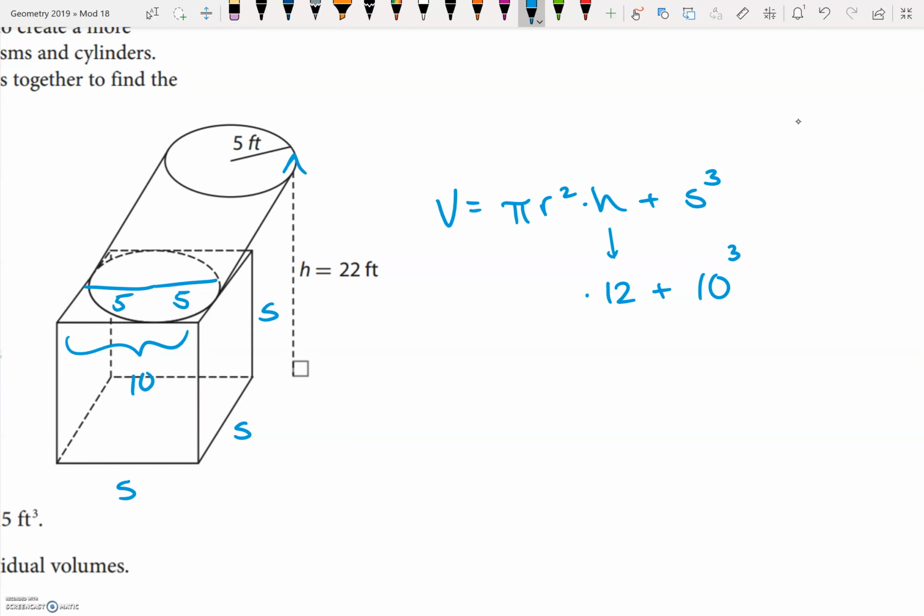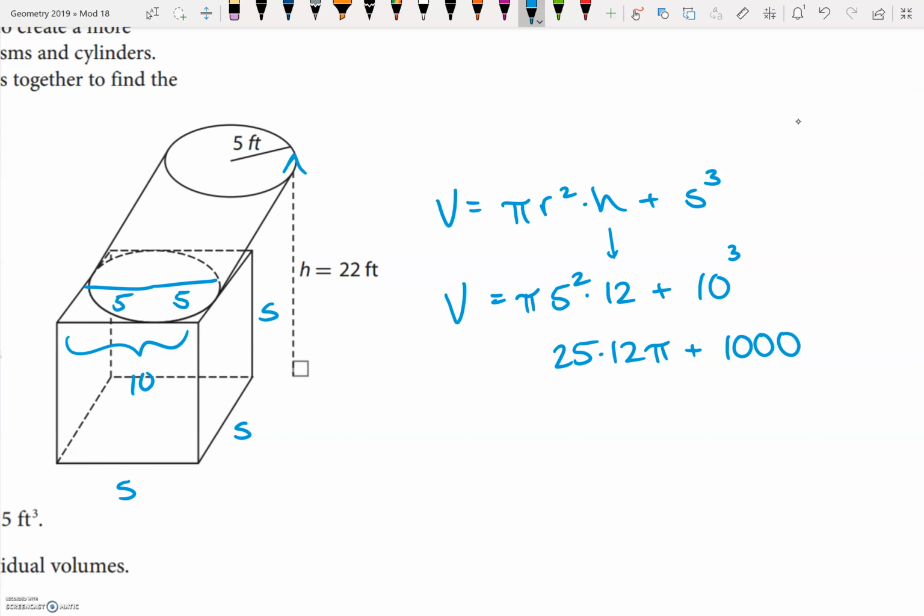We know that our radius is going to be 5 feet times pi. We could write our volume in two different ways, one in terms of pi and then one not in terms of pi. We could do 25 times 12 pi. I'm putting my pi afterwards because we're going to have some number pi, plus 1,000.